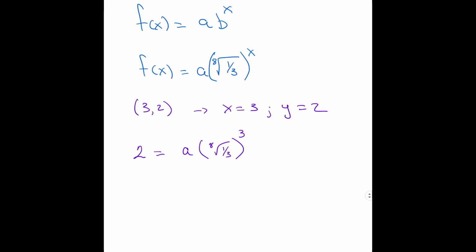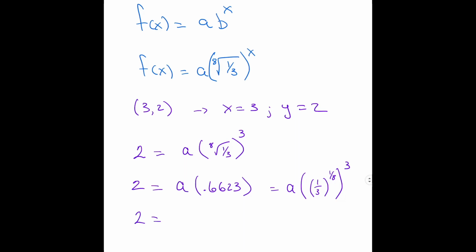In my calculator, I'm going to type in the 8th root and then raise that to the 3rd, and I get 2 = a times 0.6623. That's also exactly equal to a times (1/3)^(1/8), all raised to the 3rd.